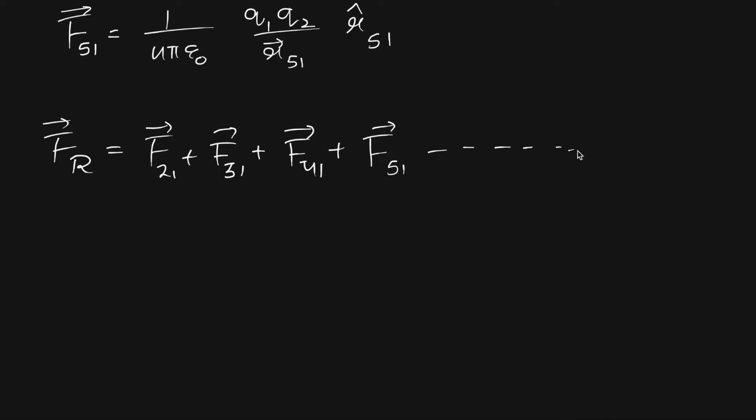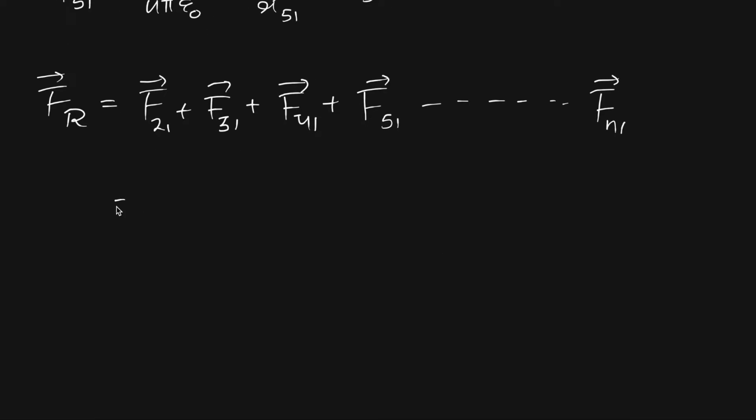In a similar way, you can write for any number. Let's suppose you have n charges, and I can put the F n1 vector, and then simplify by putting the summation sign.